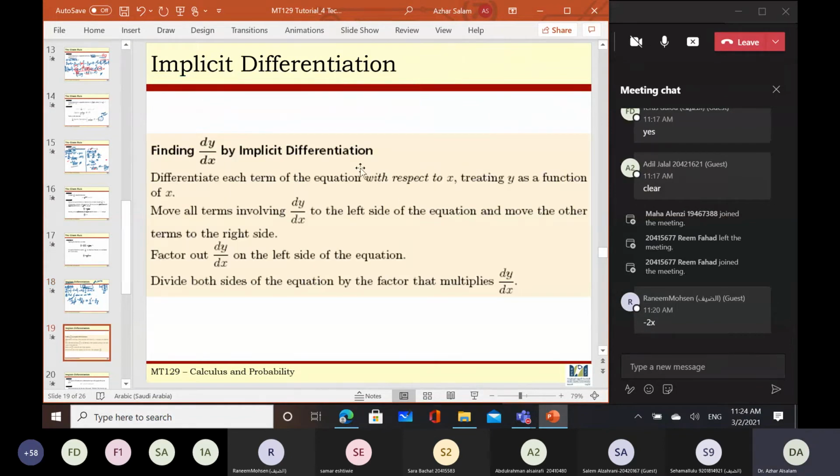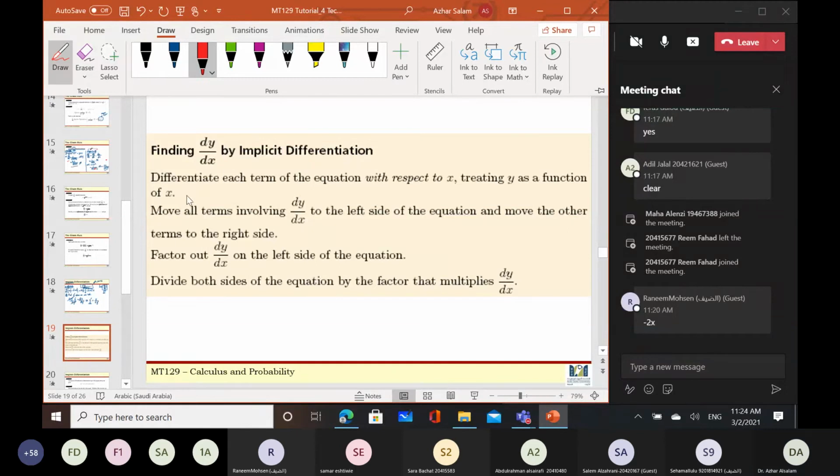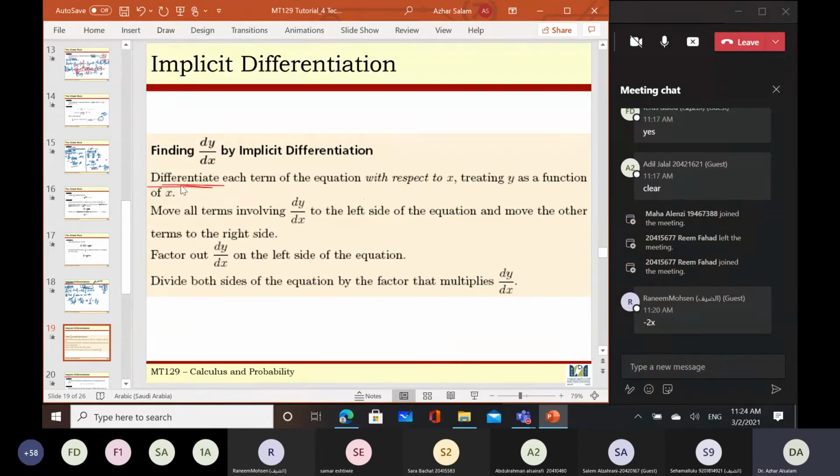Okay, these are the steps written here in your slides. The first step is to differentiate each term. As we said before, I differentiate normally. I differentiate y as I differentiate x, with respect to x, treating y as a function of x. Meaning I treat y as a function of x, differentiate it normally and then multiply by the derivative of what is inside y.